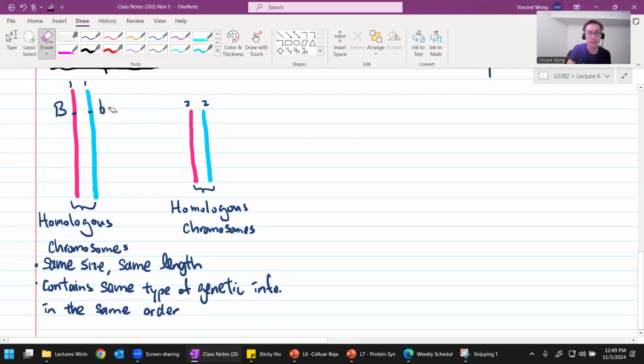So these are both the same type of genetic information, eye color, but not the exact same version of it. Brown eyes and blue eyes are variations of that genetic information. If you find eye color right here, you would expect to find eye color at the same spot on the other chromosome. But whether it is the same gene or not depends on who your parents are.